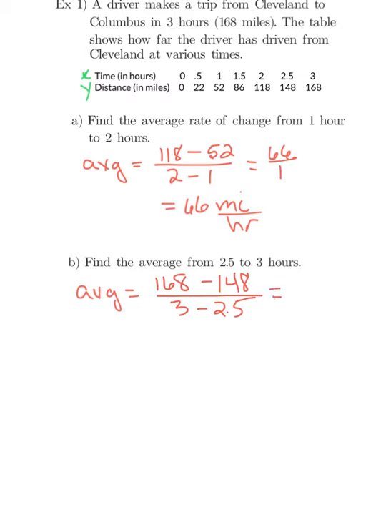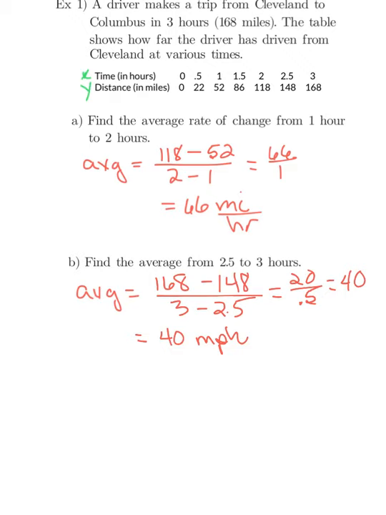Doing that arithmetic, we get 20 over 0.5, and if you take 20 divided by 0.5, you get 40. So our average is 40 miles per hour.